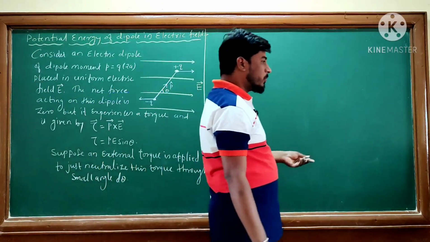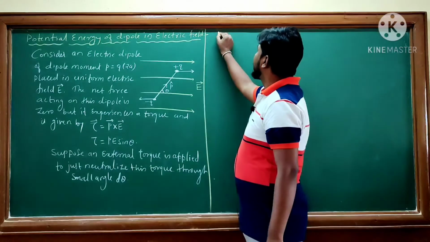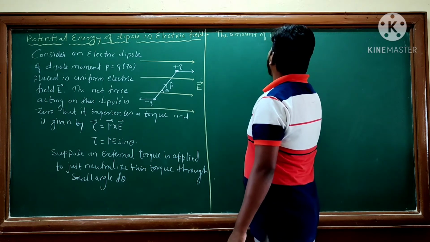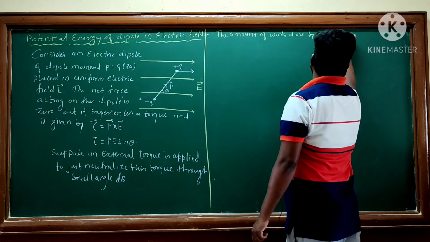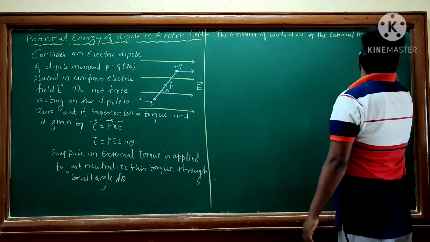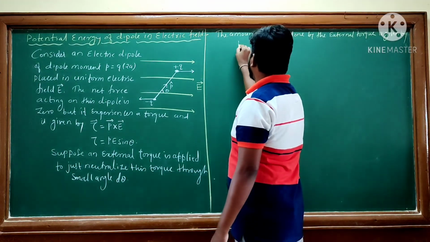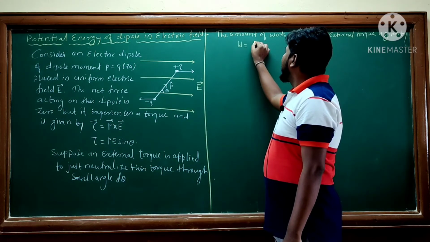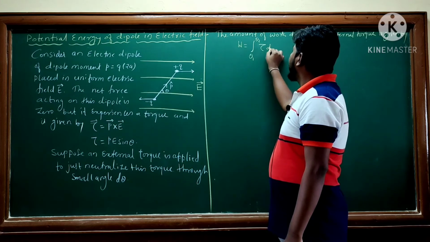So the amount of work done by the external torque is given by W is equal to the integral from theta 1 to theta 2 of tau d theta.